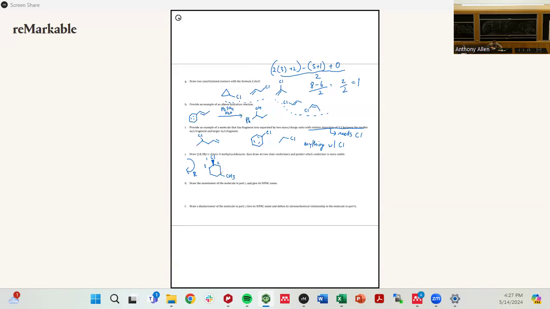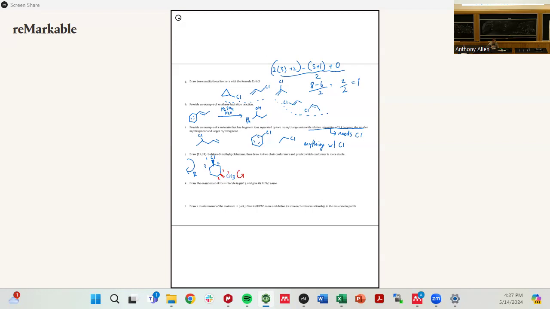And then for this one, let's try putting it on a wedge and see what happens. So this should be 1, that should be 2, that should be 3. That would actually give me S. You can see that? Yeah.